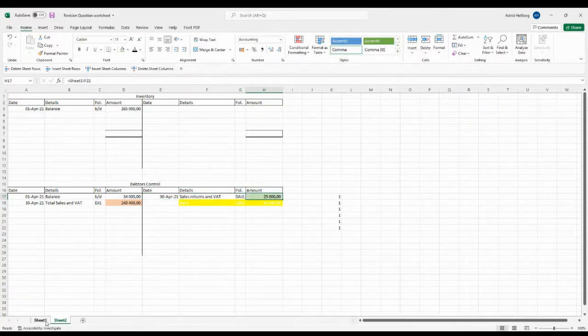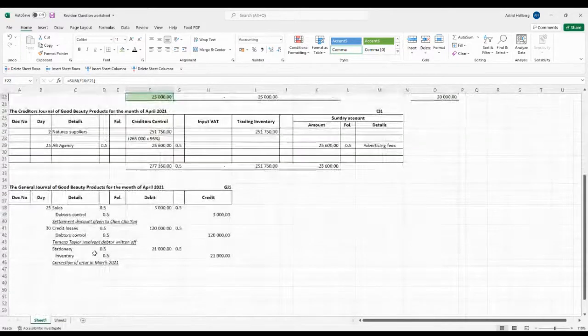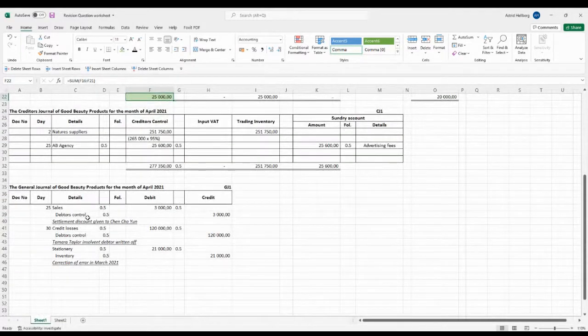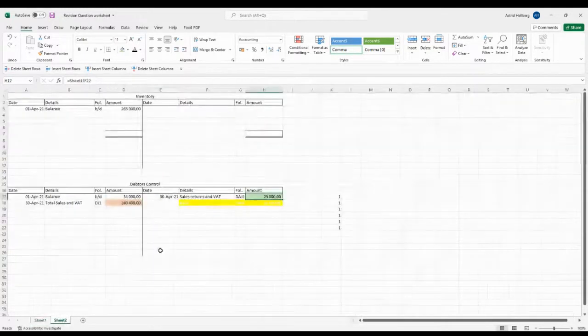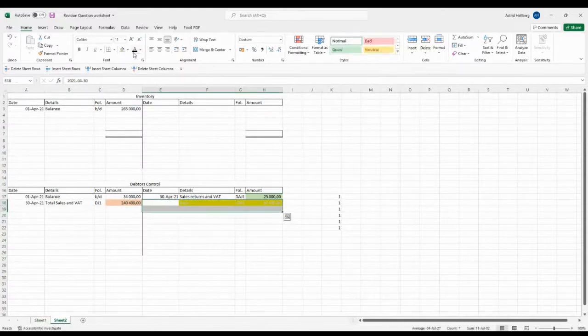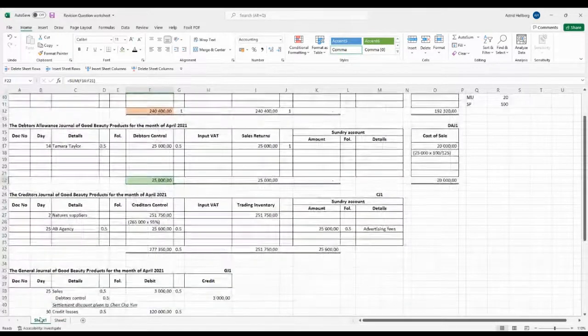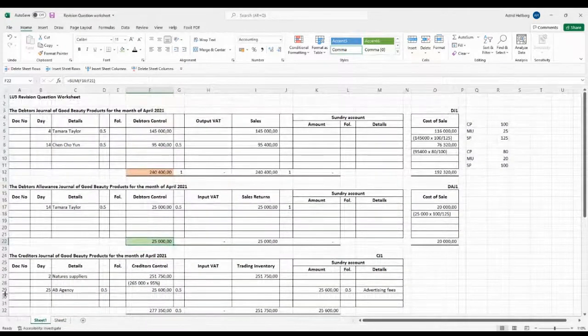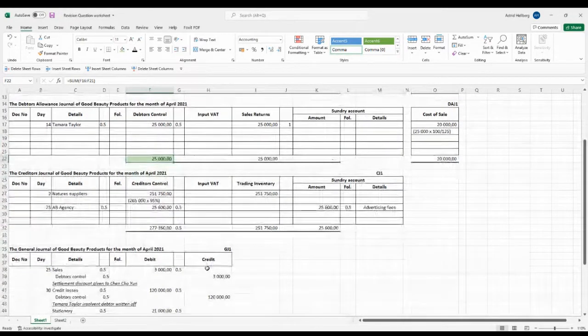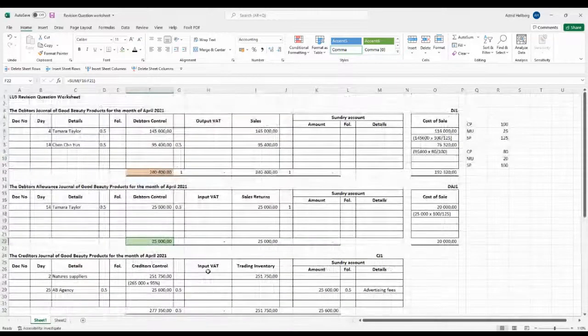Then the next things that affect that are the trade settlement discount and our credit losses. So the first one, we've given them 3,000 discount.